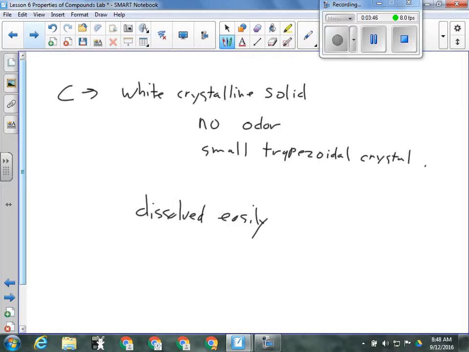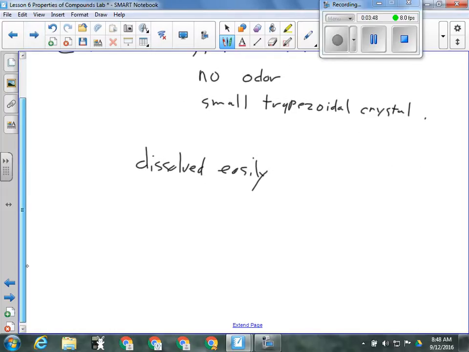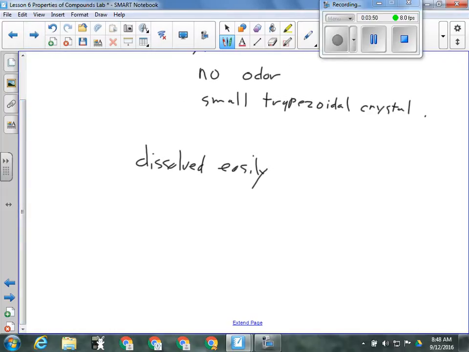One other little tip for you. We talked about this the other day. One of your unknown samples is ammonium nitrate. One of them is this stuff. It is made up of 2 polyatomic ions. So what kind of compound is it?